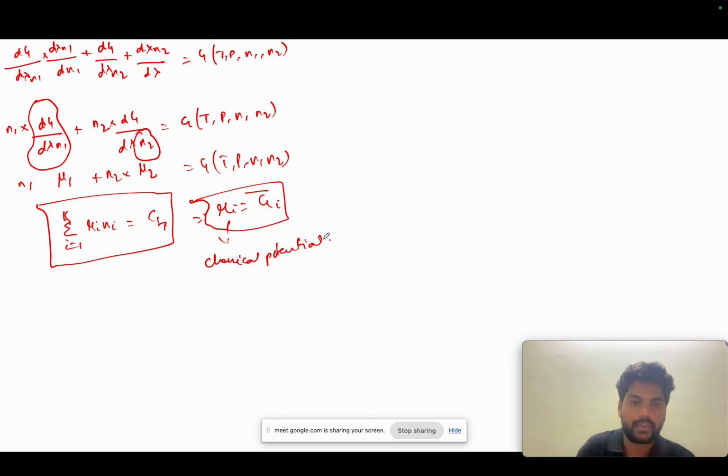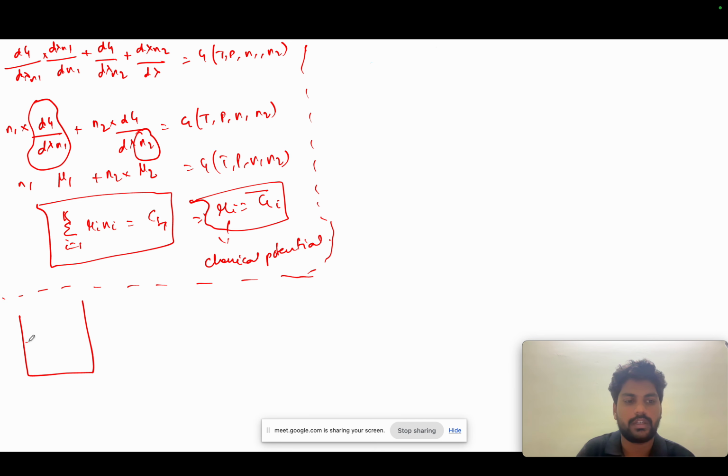Now if this is clear, try to understand the system. Suppose I give a few examples. You take a beaker, and there is water and an ice cube.